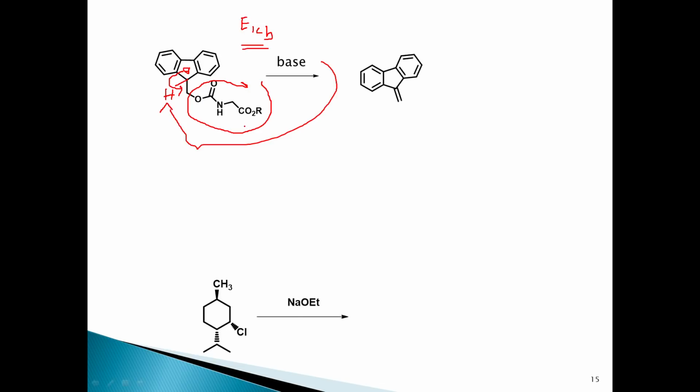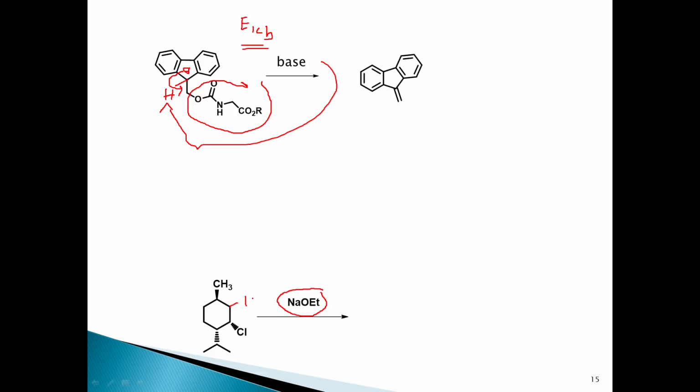What about this reaction? Sodium ethoxide. I told you sodium ethoxide is a non-bulky base. So what is it going to do? It will give us the more substituted product. It has two hydrogens to abstract.